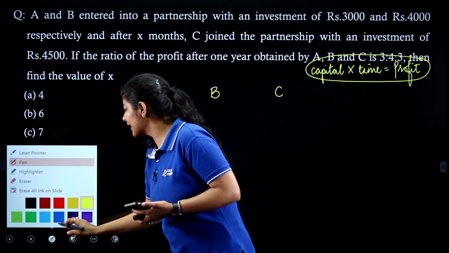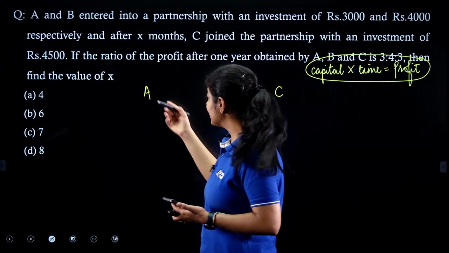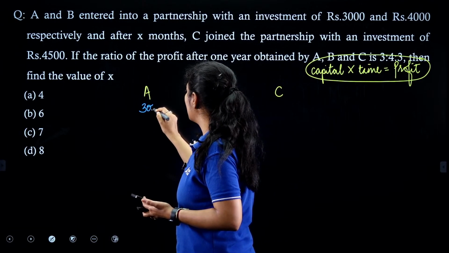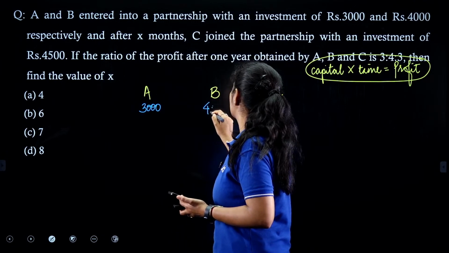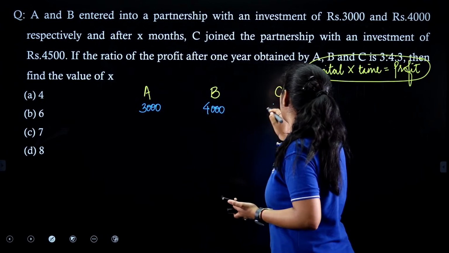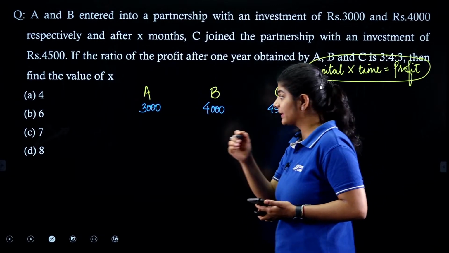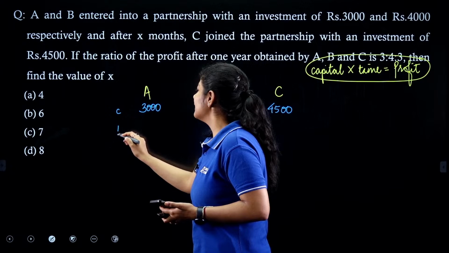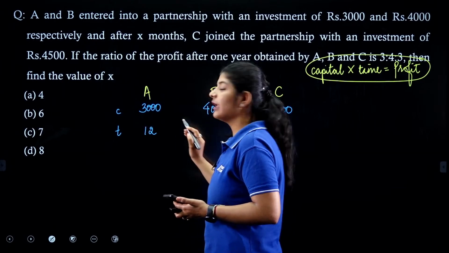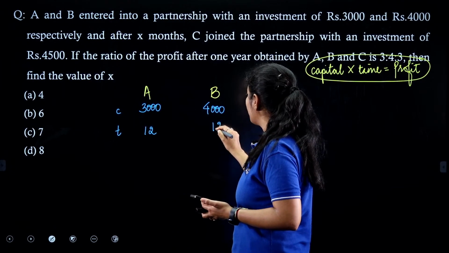The question says the amounts invested are 3,000, 4,000 and 4,500. This is the capital. The time period is 12 months for A and 12 months for B.